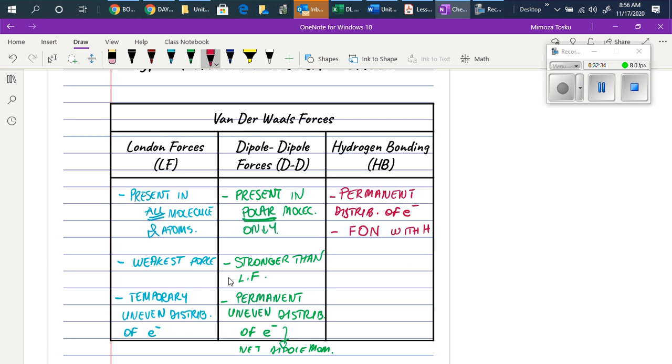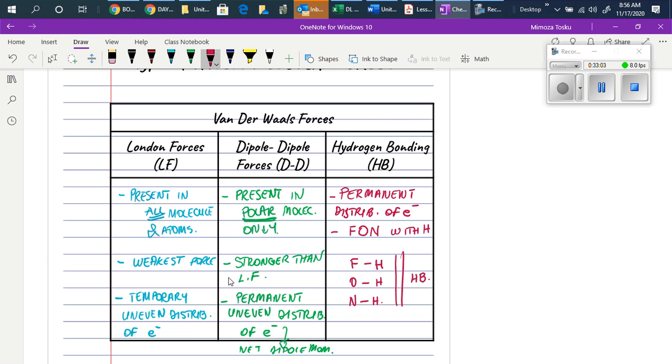So when fluorine and hydrogen are bonded directly, or oxygen and hydrogen are bonded directly, or when nitrogen and hydrogen are bonded directly, then what we have is known as the hydrogen bond.